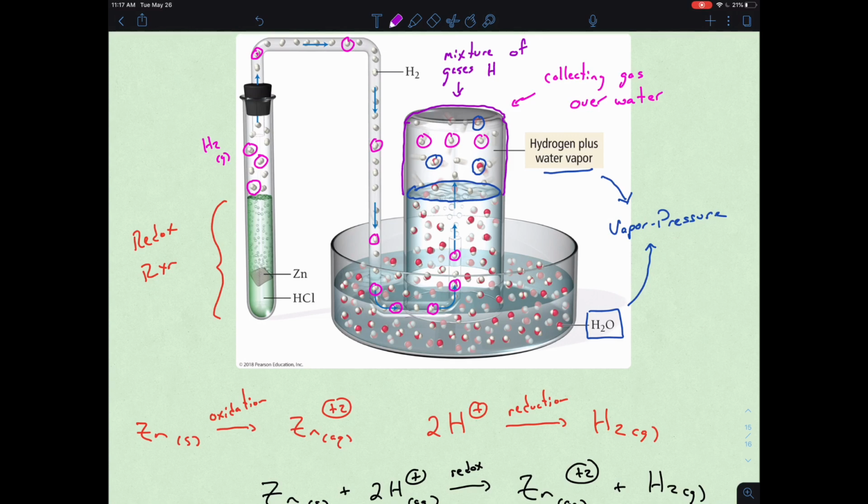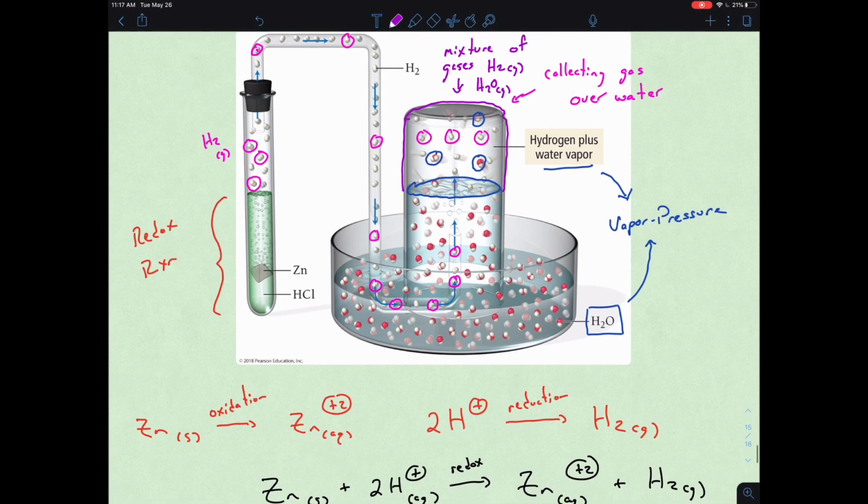Namely, we have hydrogen gas and we have H2O gas. And that is now why we would need to use Dalton's law of partial pressures in this type of experiment. Even though it looks like we're collecting this hydrogen in its pure state, it just so happens that where we're collecting it, there's actually already some gas there in terms of the water vapor, which is directly proportional to the vapor pressure of the H2O.